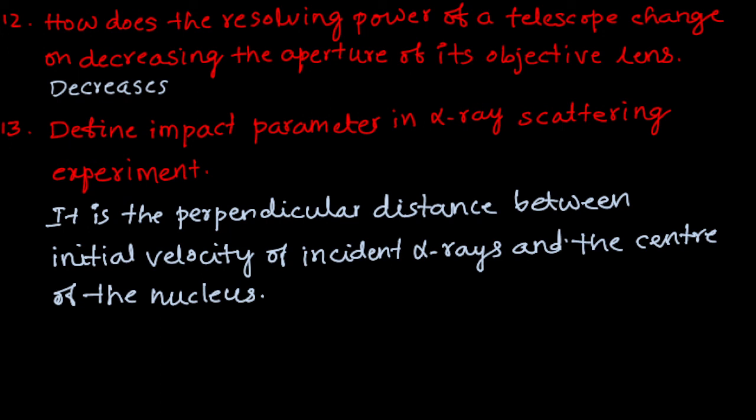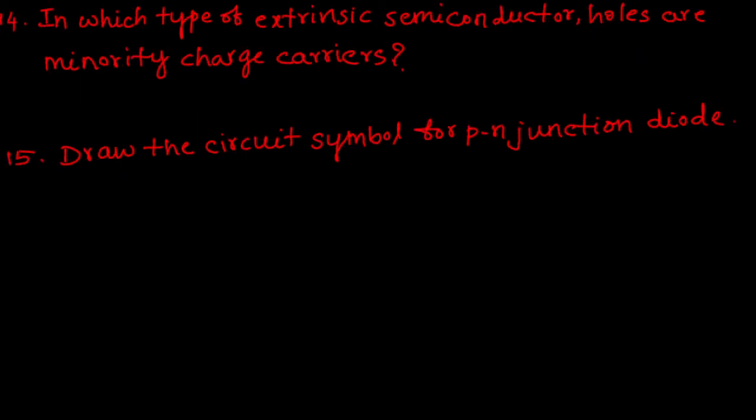Next question. In which type of extrinsic semiconductor holes are minority charge carriers? Okay, extrinsic semiconductor. Extrinsic semiconductor means impure semiconductor. You know that there are two types of impure semiconductors, N-type and P-type. In N-type, N means negative. Negative means electrons. So electrons are the majority carriers.